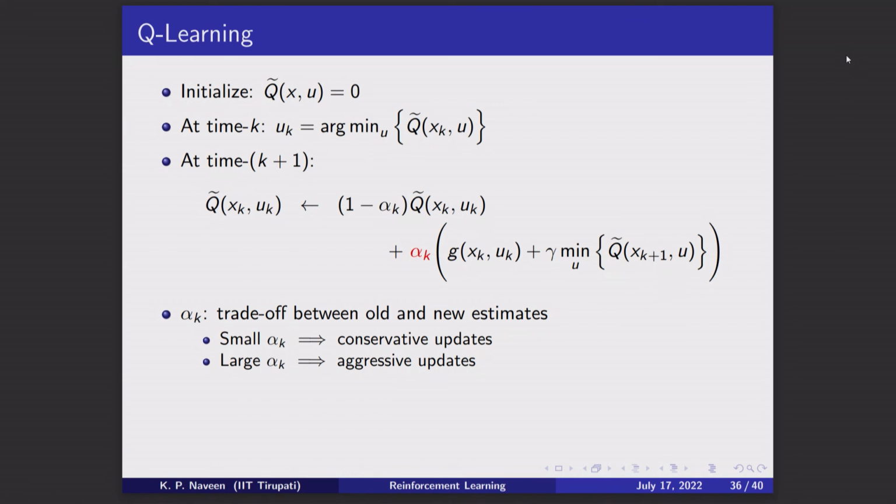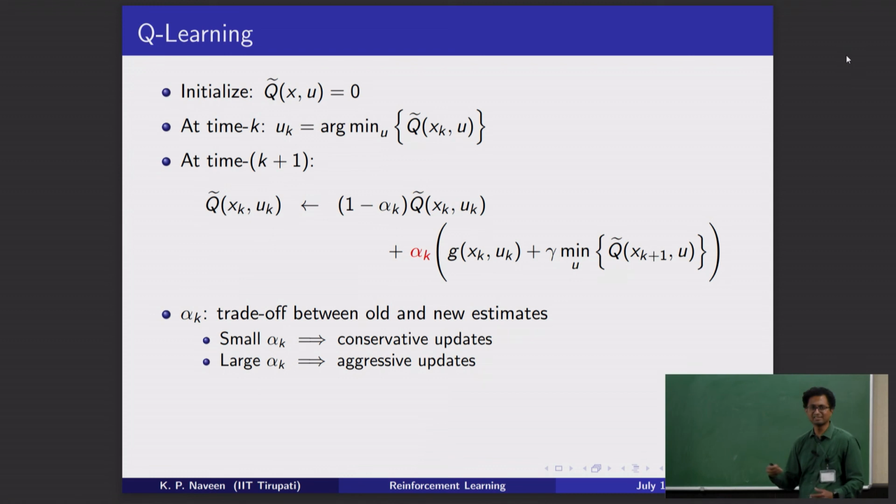Essentially you are ignoring this term, giving more weightage to the existing estimates. That is known as a conservative update. You are not ready to update your Q values quickly. If the value of alpha k is close to 1, you are giving more weightage to this term, so you are updating very aggressively.